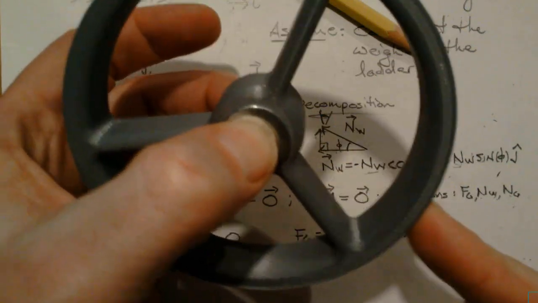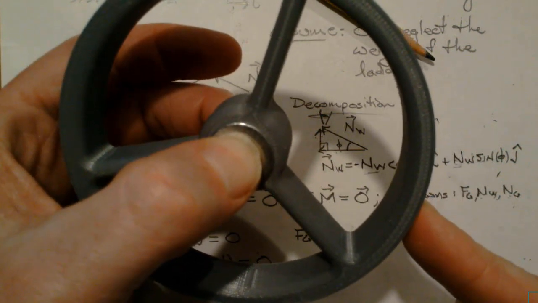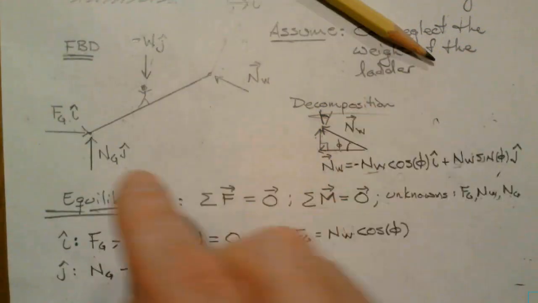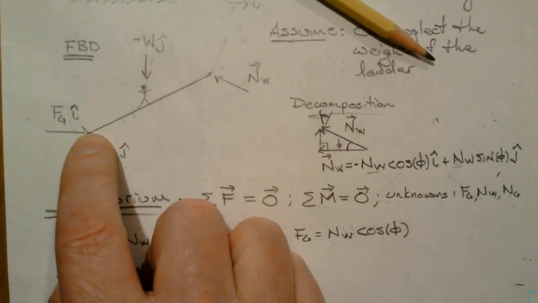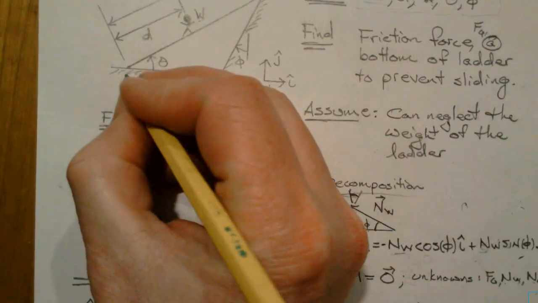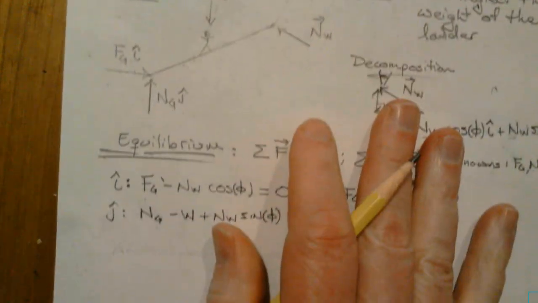This would produce a moment, but this does not, because this force coming from my finger here acts through that center. So likewise, if I take moments about this contact point with the ground, let's give the contact point a name. Let's call it P.